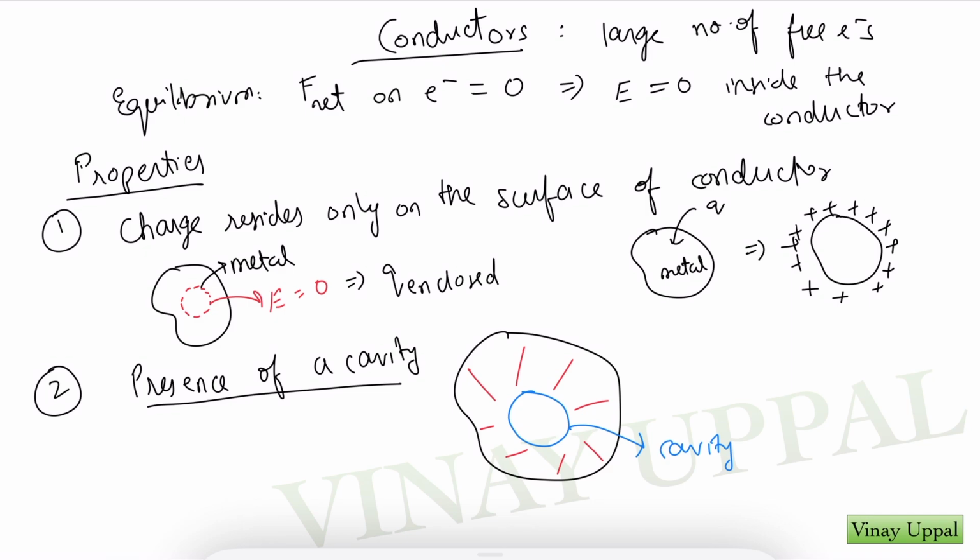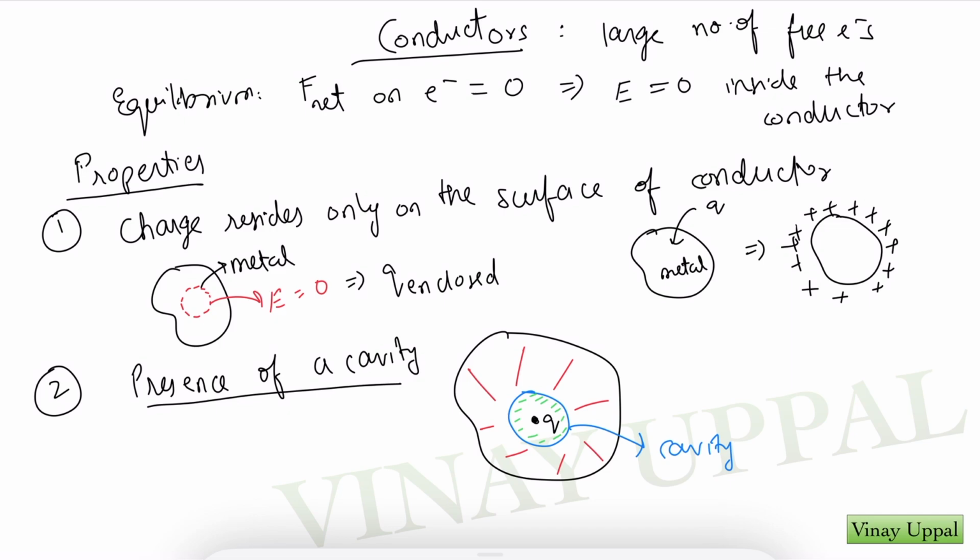Now if I were to place a charge inside the cavity, it will attract electrons from the conducting material, and therefore you will have negative charges. If the point charge I have placed inside the cavity is positive, then negative charges will be induced on the inner surface of the conductor, so the inner surface of the cavity.